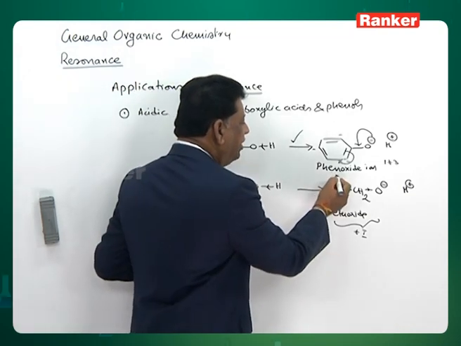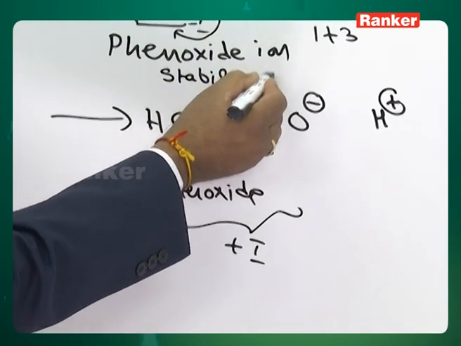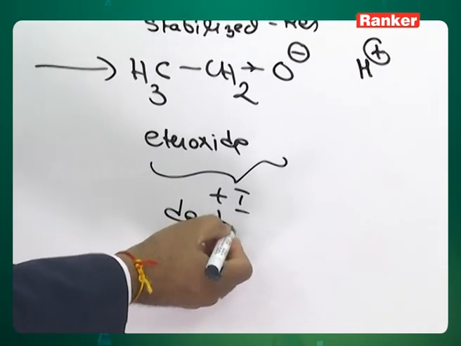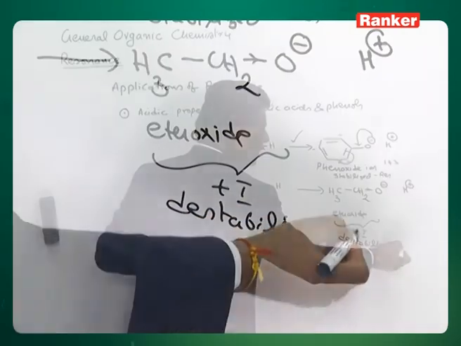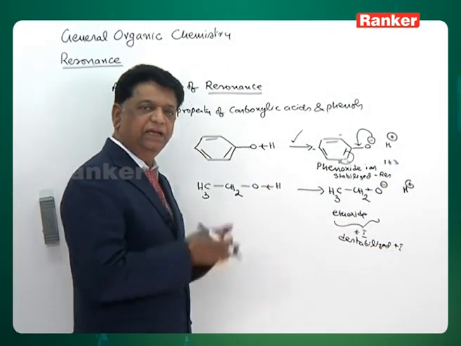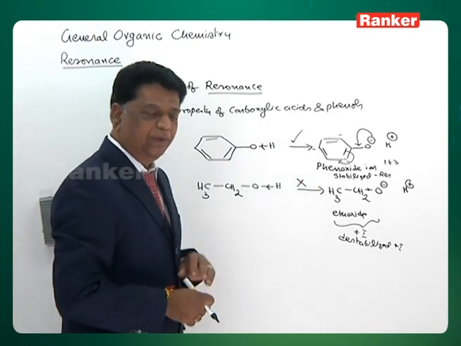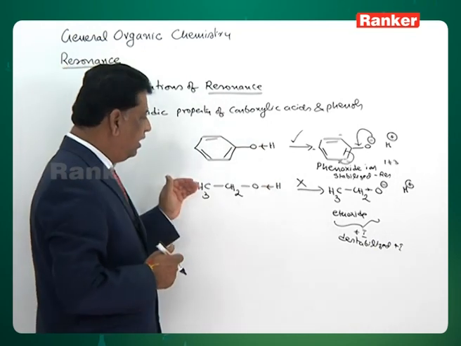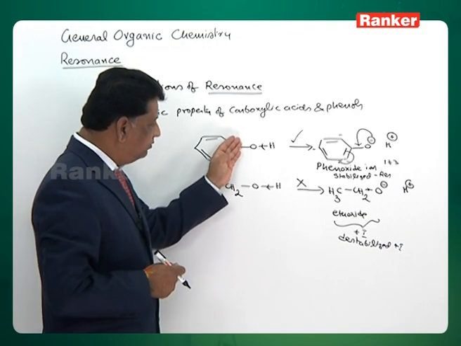So the phenoxide ion is stabilized through the resonance phenomenon. The ethoxide is in fact destabilized, because the plus I effect increases the minus charge and destabilizes it. That's why this process never takes place. So a fair question now is: phenol shows acidic property, ethyl alcohol does not show acidic property, but both have this functional group.